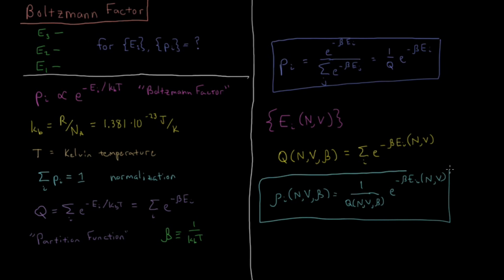Okay, so those are 2 different ways that we can express the probability, one generalizing it to a collection of particles with number N in a container of volume V, and perhaps this might be applied to the more limited case of an individual particle or any other system where we're not specifying what variables this factor explicitly depends on.